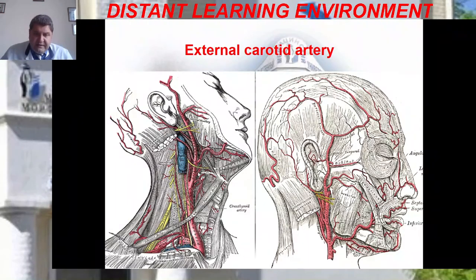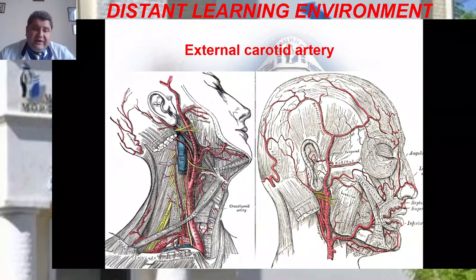But if you look at the internal carotid artery here, you cannot find branches arising from it at the neck, because there are no branches on the internal carotid artery in the neck region.